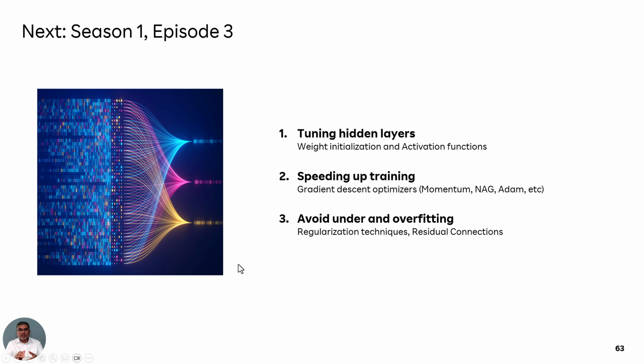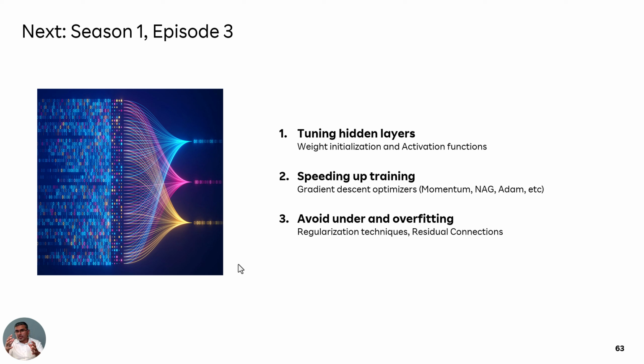And what we will study in our next episode, which is season 1, episode 3, is the other part of our neural network, which is how you tune the hidden layers. How do you initialize weights? What are the different activation functions that you could use in the hidden layers? We'll also learn some techniques on speeding up gradient descent because, as you remember, gradient descent is the cornerstone of how neural networks learn by adjusting their weights.